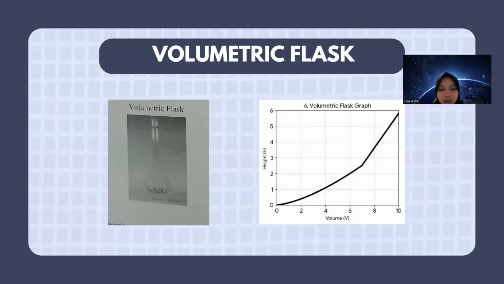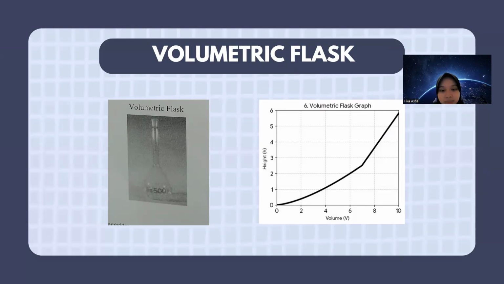And finally, we have the volumetric flask. The base of the volumetric flask holds most of the volume and curves inward to the top, creating a compressed curve. However, its most defining feature is an extremely thin, long neck.